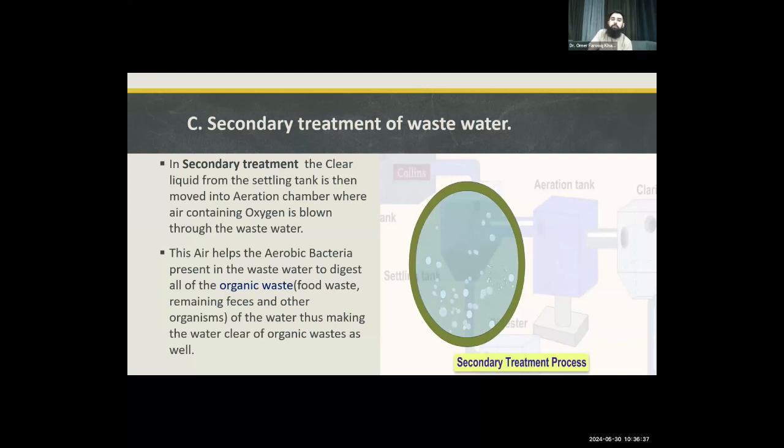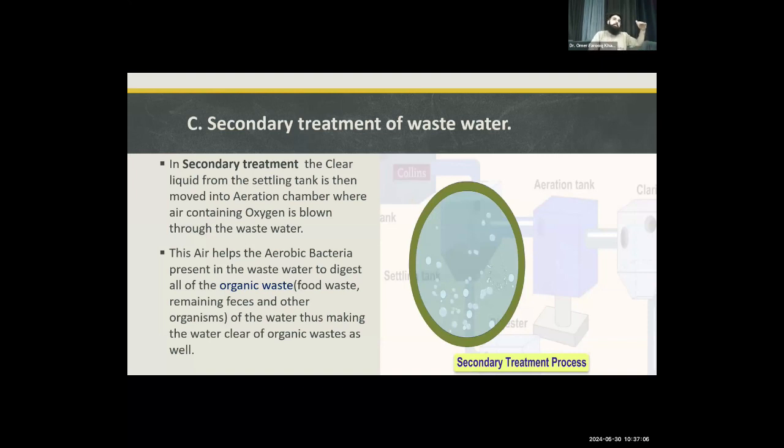Secondary treatment. Whenever the water enters the aeration tank or aeration chamber, we call it secondary treatment of wastewater. So in secondary treatment, the clear water from the sedimentation tank or settling tank is moved into the aeration chamber, where air containing oxygen, definitely air contains 21% oxygen, is blown through the wastewater.